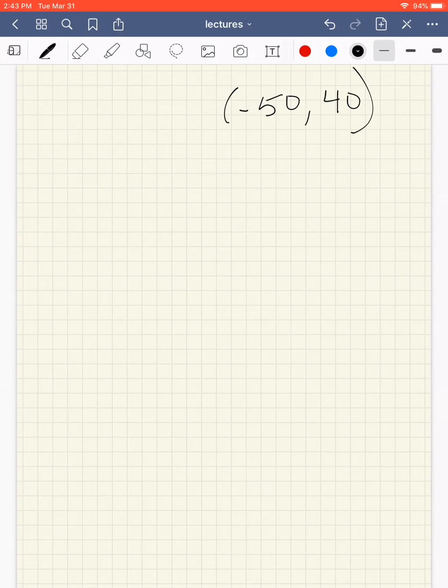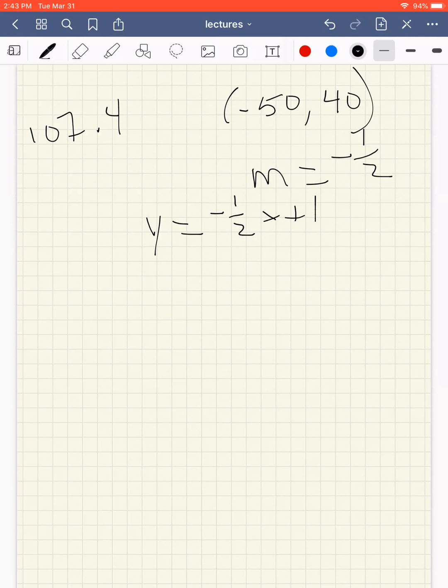And this is 107.4. And has a slope of negative 1/2. So y equals negative 1/2 x plus b. There's x, there's y. So 40 equals negative 1/2 times negative 50 plus b.